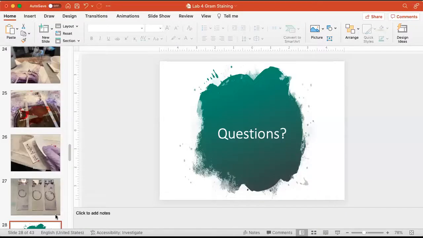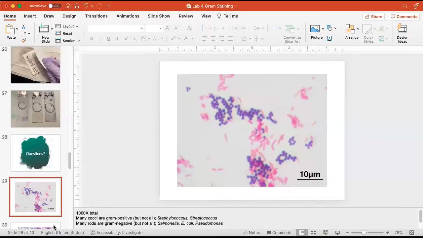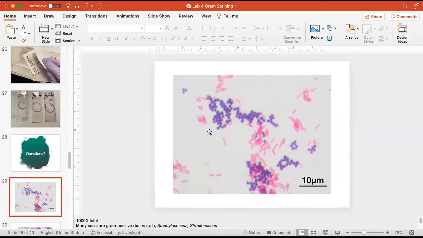All right, what we'll do now is switch gears and take a look at some gram stained smears, and we will practice determining the gram status of the organisms that we see. All right, take a look at this slide. What you're looking at on here is a mixed sample.